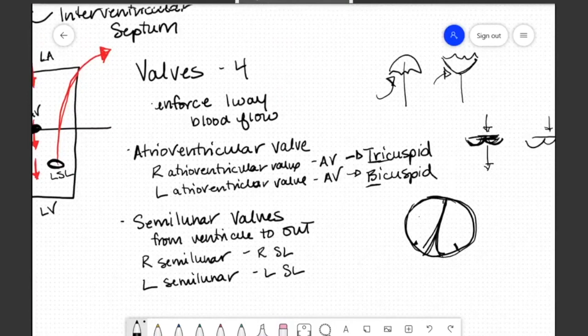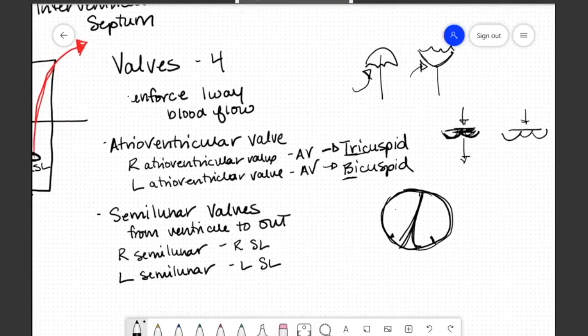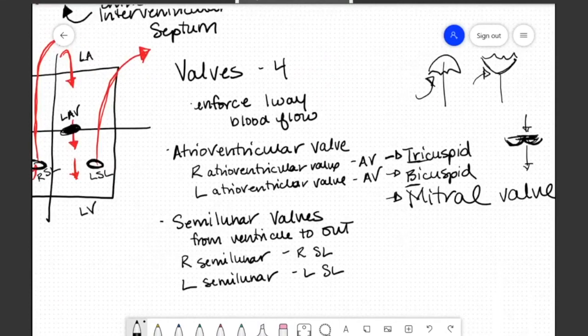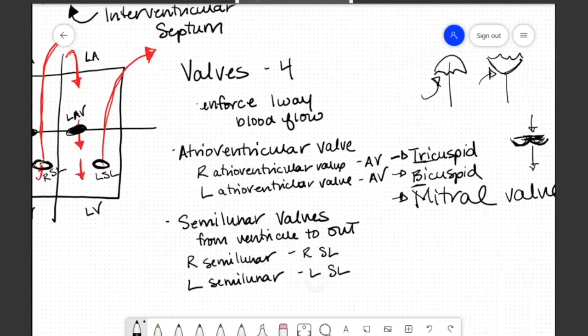Okay, to make it even more confusing, the left AV valve has another name as well. That is the mitral valve. So your left AV valve technically has 3 names. We are talking about the valve that is on the left side of the heart, between the left atrium and the left ventricle.